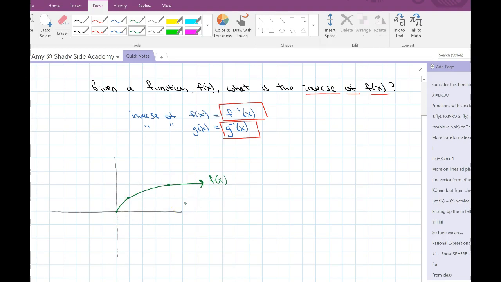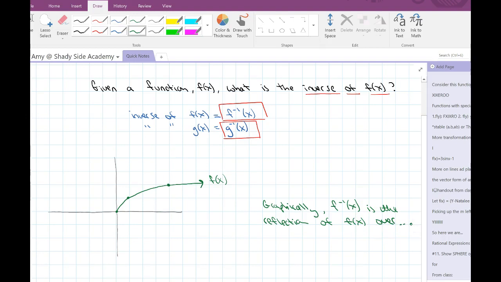When we talk about the inverse of f of x, let's write this down first. Graphically, the inverse of f is the reflection of f of x over, okay, now let's think about this.